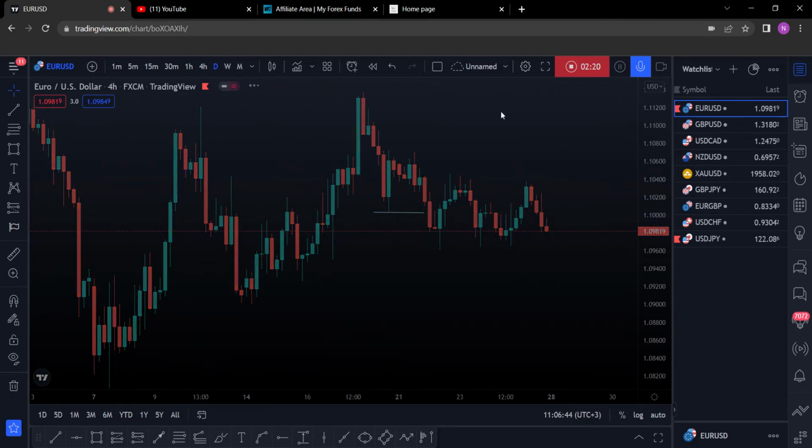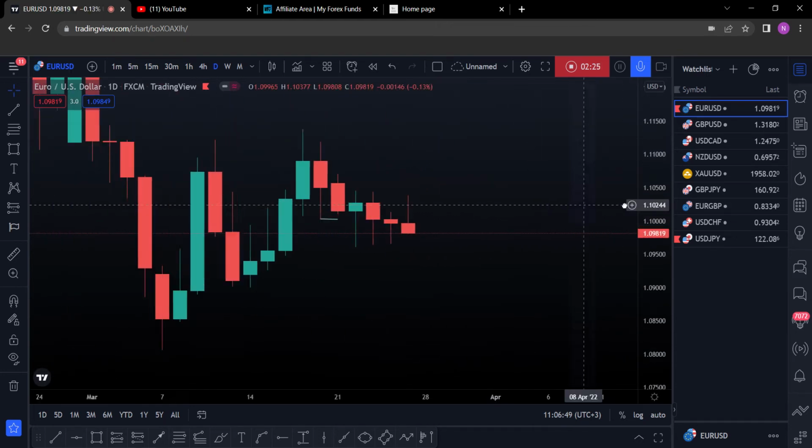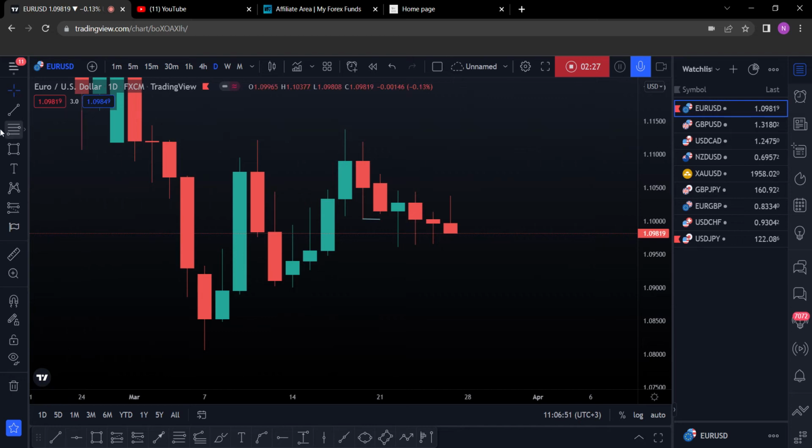So we go to the daily, and we could see that we had liquidity. We had this as the institutional candle.